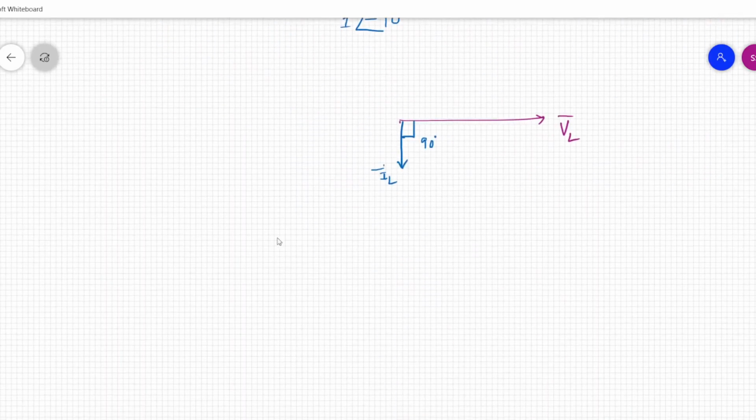What is the voltage across that inductor? VL equal to IL into XL. So what is that IL here? IL is having a phase displacement of 90 degrees, that is IL at an angle of 90 degrees into XL, the inductive reactance.